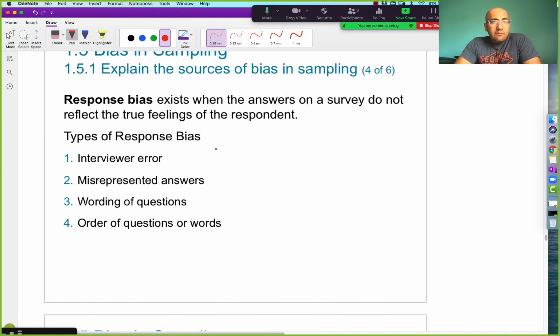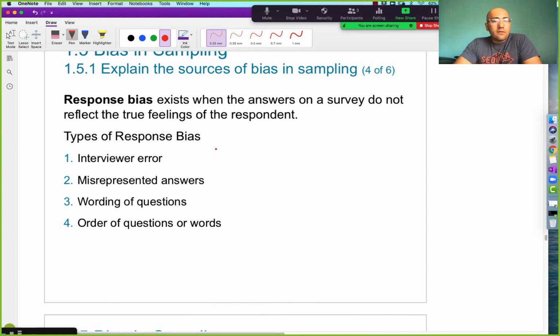Misrepresented answers. So again, maybe a mistake in the way in which you express your feelings. Sometimes you don't quite understand the options. You're reading and you're like, okay, choose one of these four options, and you don't quite understand it. They're worded kind of weird. You're like, wait a minute, I don't understand which of these four options truly reflects my feelings.